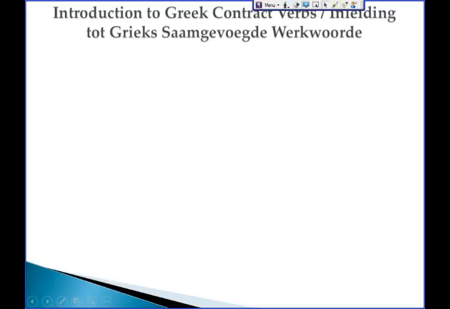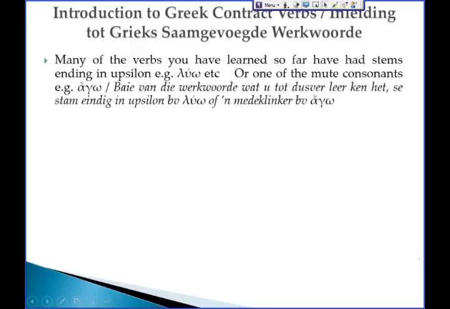Introduction to Greek contract verbs. What are contract verbs? Many of the verbs we have learned so far have had stems ending with upsilon. Think of all the verbs we have dealt with.